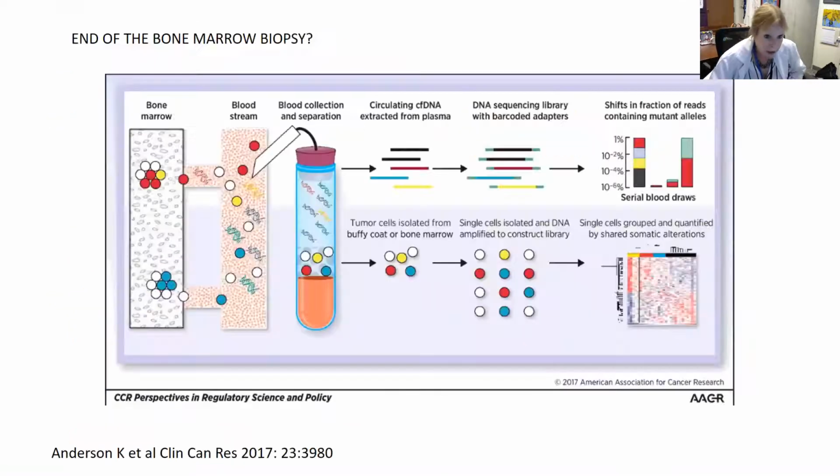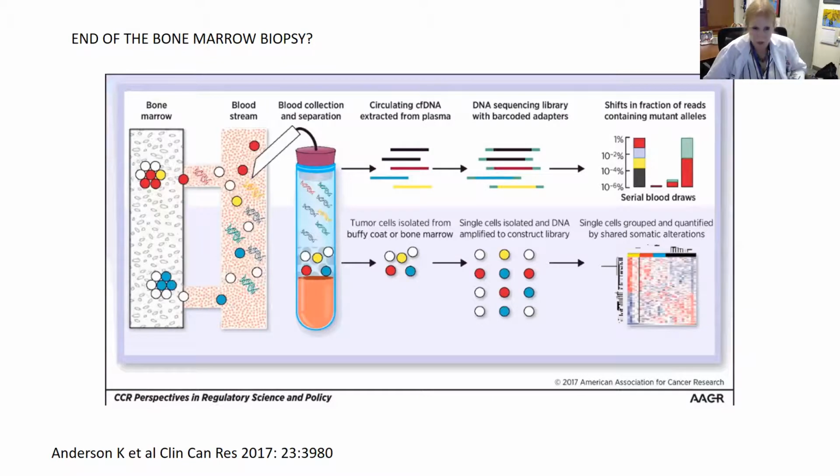And finally, I think this is what everybody is hoping to see, the blood test for MRD. Right now, this is using what's called circulating free DNA. This is basically a test where you would look for traces of myeloma DNA in blood and see if you could then make the same sort of MRD predictions we're doing on bone marrow.